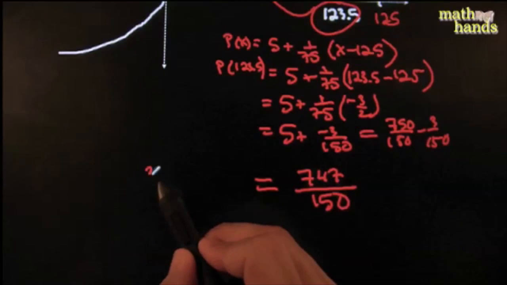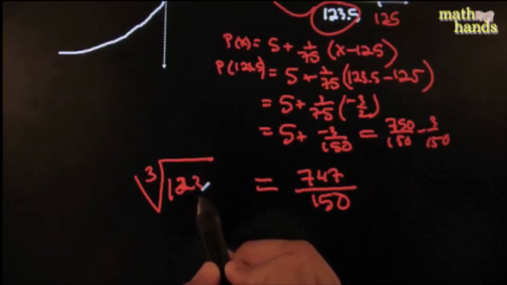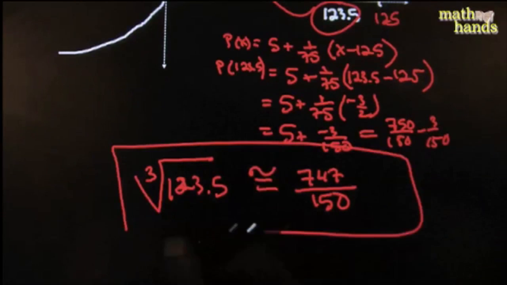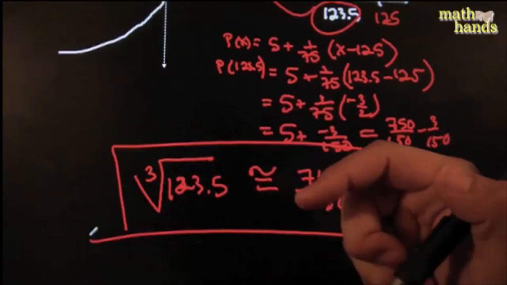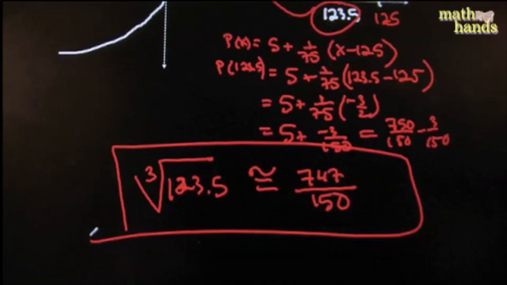That, my friends, that is approximately the cubic root of 123.5, approximately, using nothing but noodle power. Pretty nice, huh? It's a nice little note to end on.